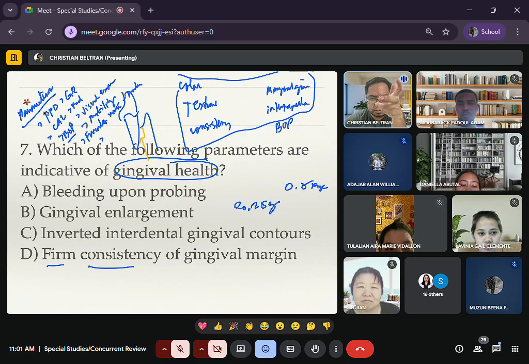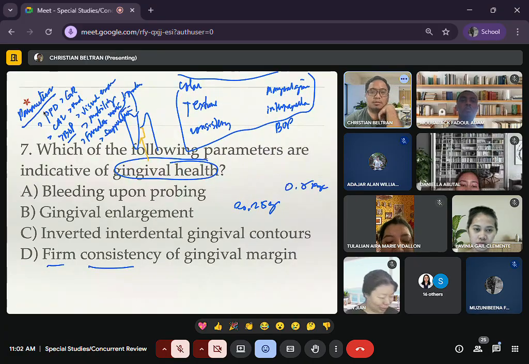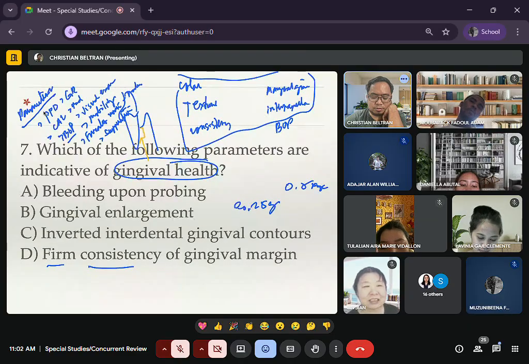You're observing if there's bleeding, or what else can ooze out from the pocket? Pus, suppuration, right? So PPD, GR, CAL, radiograph, BOP, visual exam, mobility, furcation involvement, suppuration.